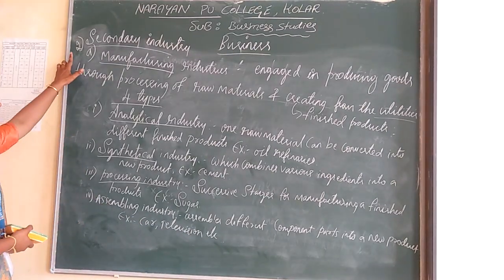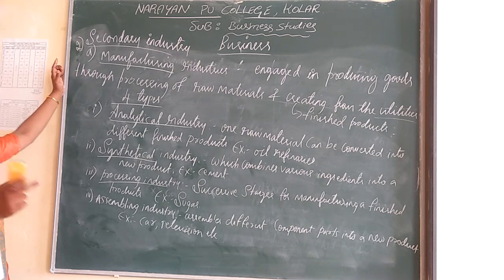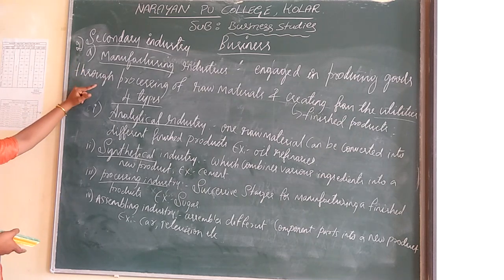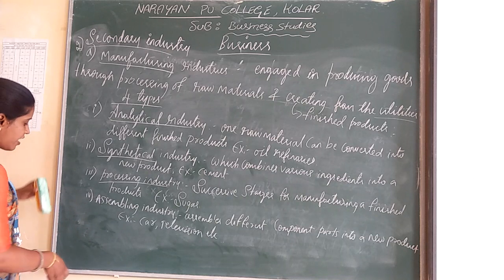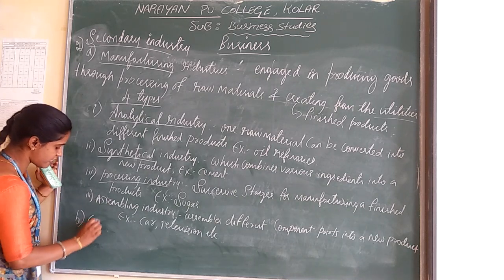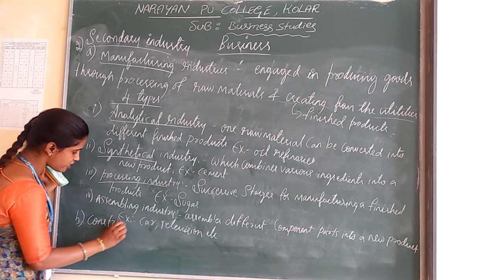And next, secondary industries may be classified into two types. One we learned, the manufacturing industries, and the second one is construction industries.